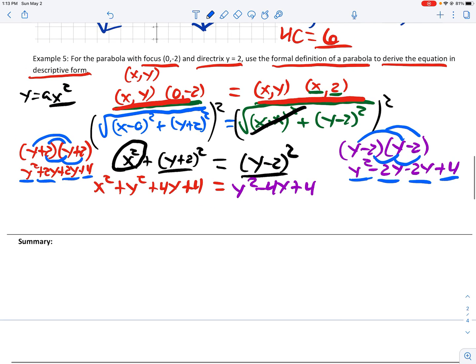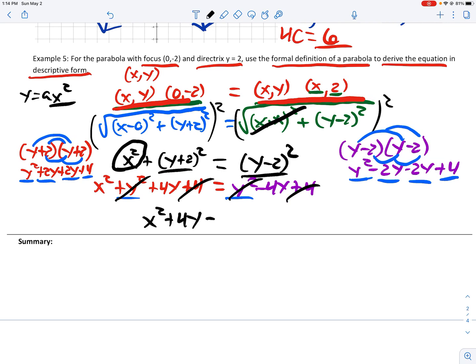So now, starting to look a little neater, I have y squared and y squared. If I subtract those, the y squareds are gone. Now if I subtract 4 and subtract 4, those would be gone. So I have x squared plus 4y equals minus 4y.